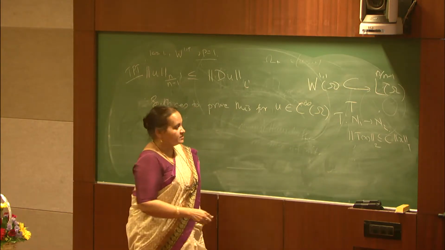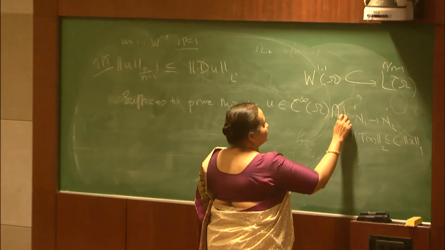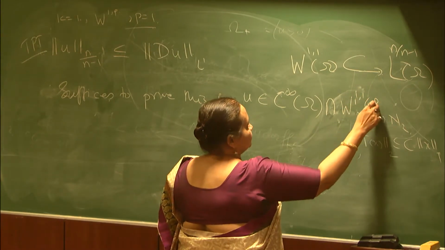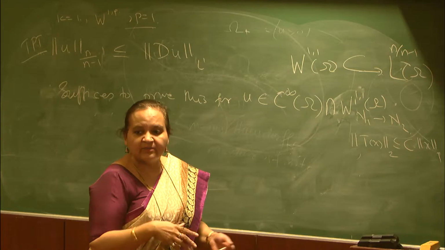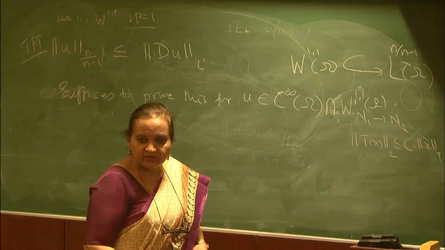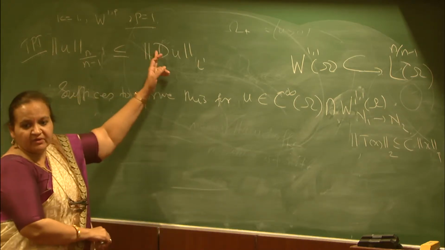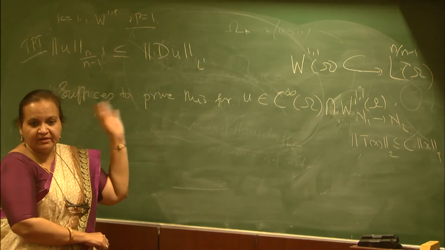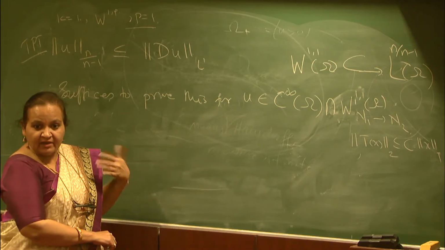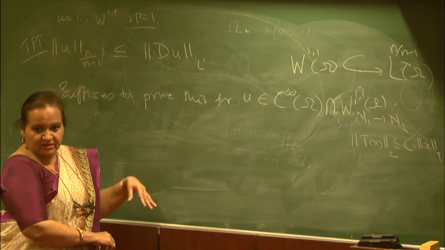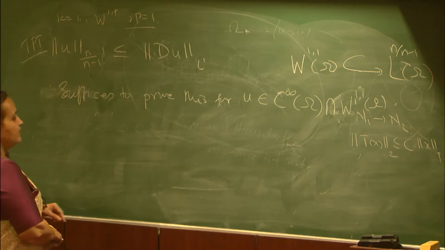Or if you're looking at W0 k,p, then you just take C infinity functions with compact support. Once you take smooth functions, this derivative becomes the usual derivative. So you can directly work with it. Your functions are integrable, your derivative is the usual derivative, and then you can just play around with derivatives and the smooth function and get the required result.